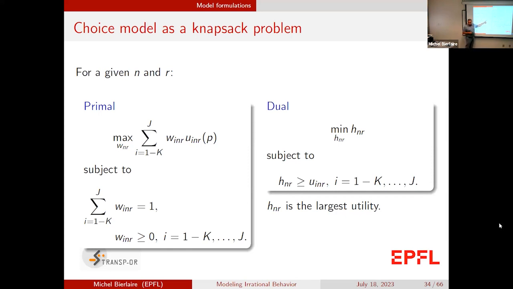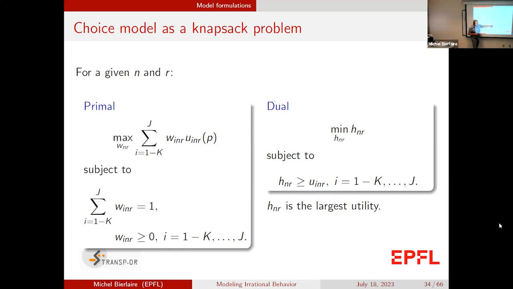This is the corresponding utility. I have to choose exactly one. So this is a very simple knapsack problem, and it appears that this has a 0-1 solution. You don't even need to enforce it. That's really the interest here, because you don't need to have a constraint to keep the variables binary.